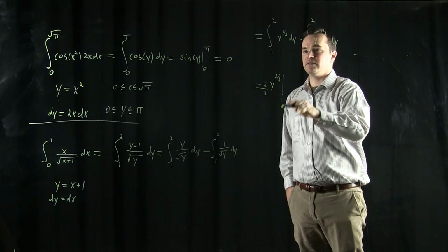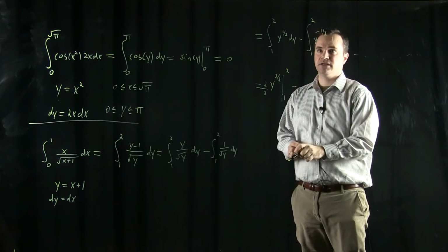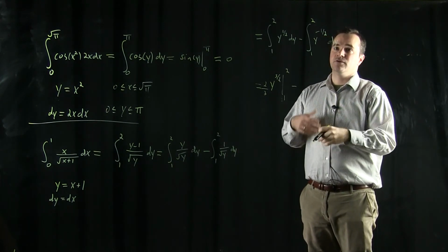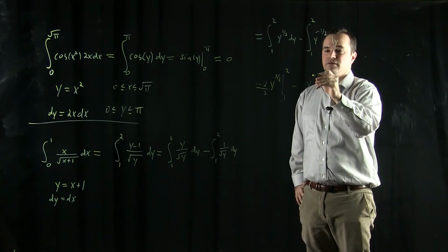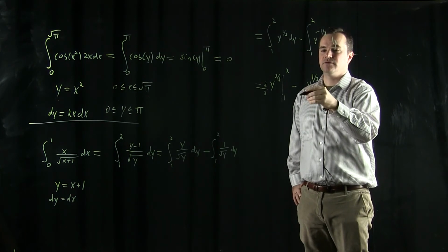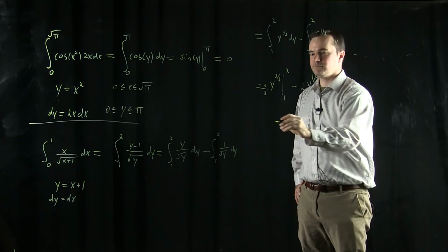And I'm evaluating that from 1 to 2, and I'm subtracting now the antiderivative of y to the minus 1/2, so that's just going to be y to the 1/2 divided by 1/2. Divided by 1/2, that's 2.